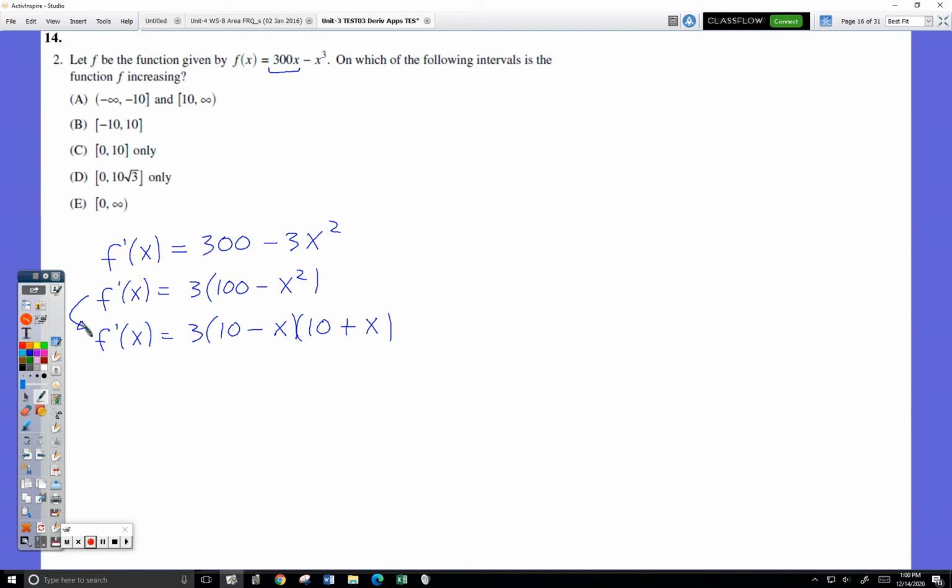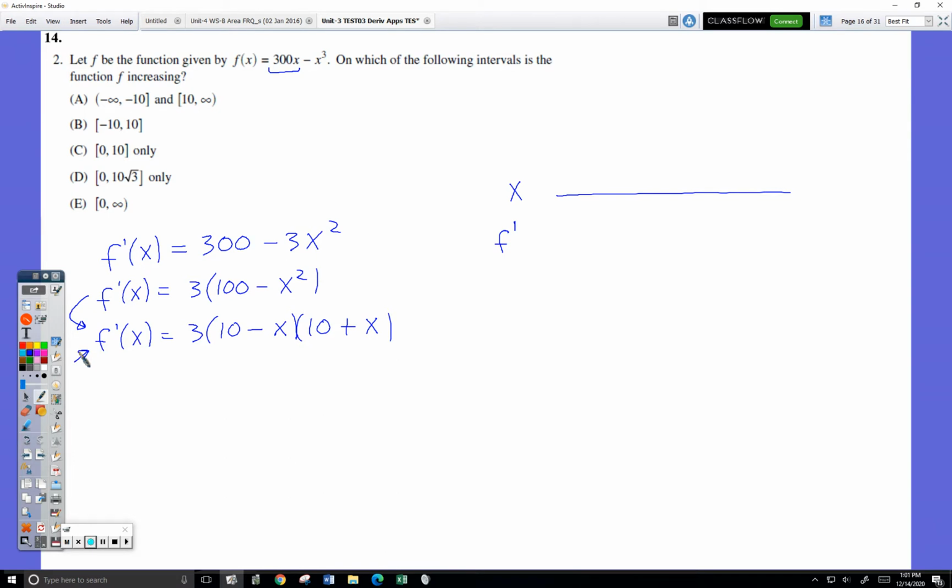So then, make a sign chart of f prime. The first step in making a sign chart is to be absolutely certain what we are sign charting. We've done that. The second thing is, if possible, make whatever we're sign charting as factored as we can. That always makes it easier.